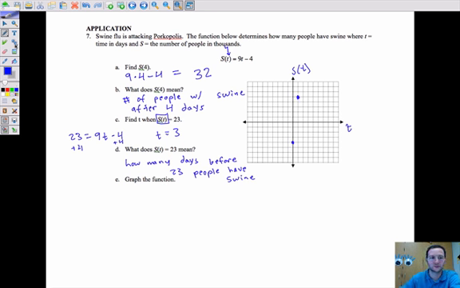That's the slope. And here's what that line looks like. Okay? So that's just a quick, not intro, but kind of reflection on what function notation looks like and how we have used it.